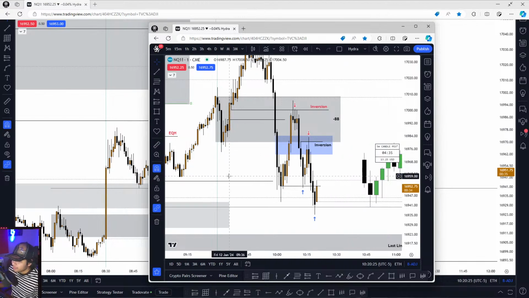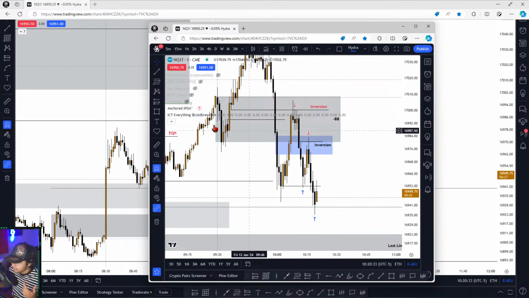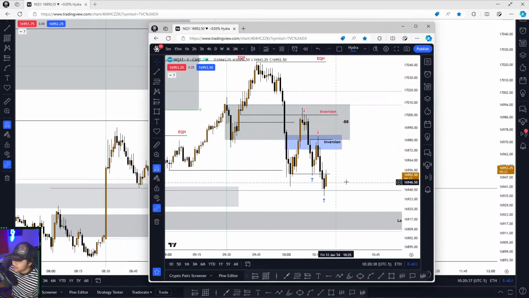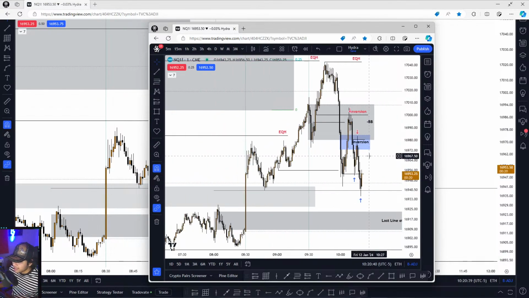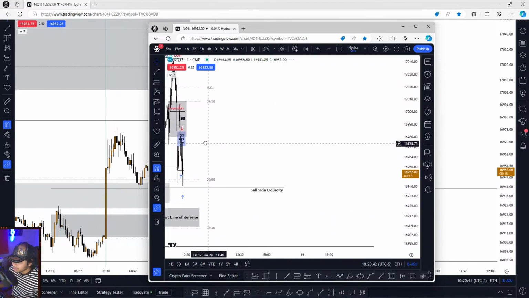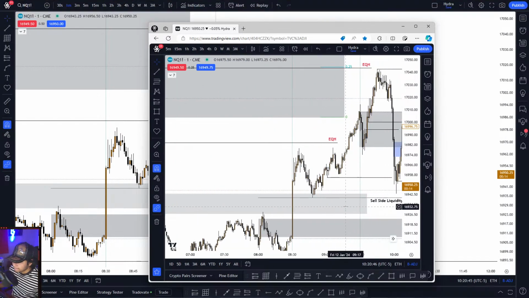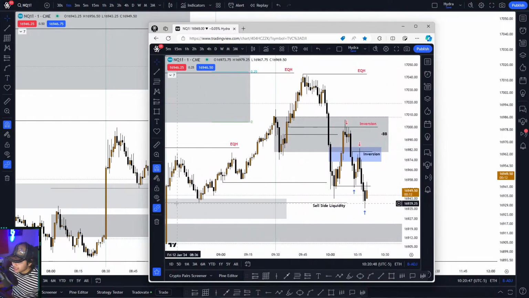But the main logic for price going towards one direction, or deciding the bias, comes from the liquidity level, because price had higher time frame equal lows down here, right? So it already generated equal lows and it came down and it didn't clear them out.